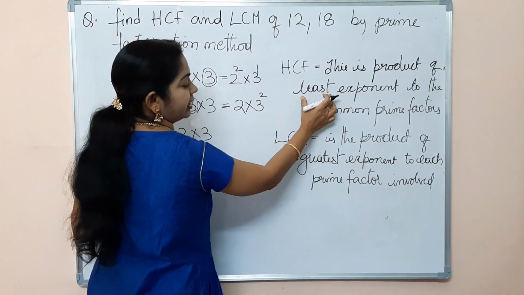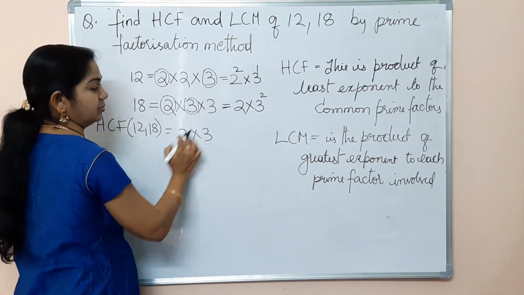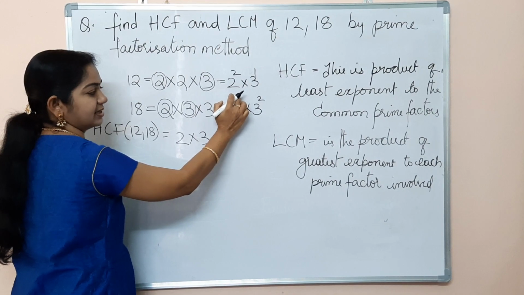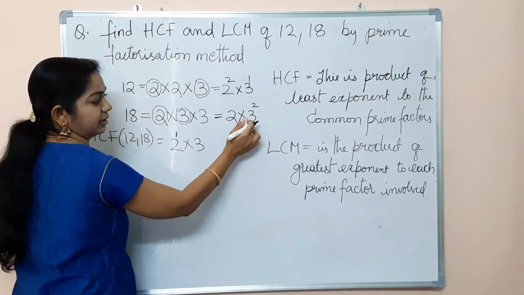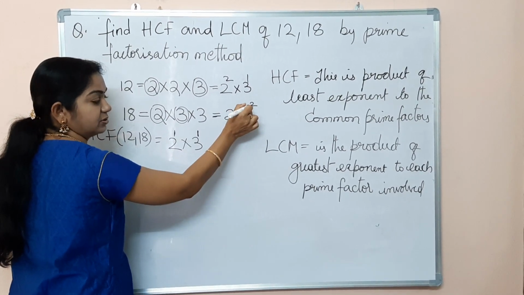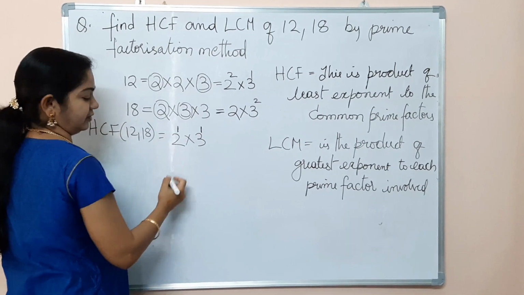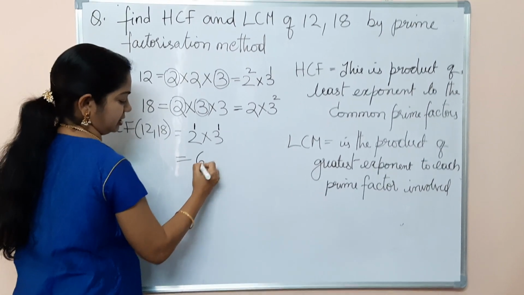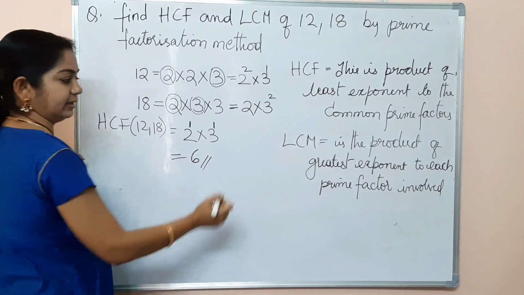For that I have to write the least exponent. For 2, here 2 and here 1, so 1 is the least one. For 3, here 3 to the power 1 and 3 to the power 2. I have to take the least exponent, I shouldn't take the greatest. So 2 into 3, 6. So 6 is the HCF of 12 and 18.